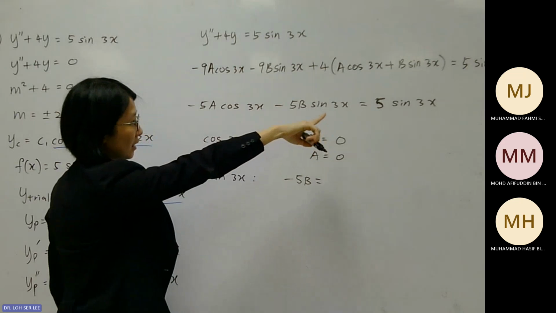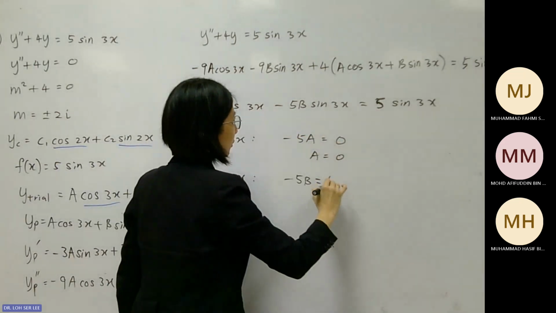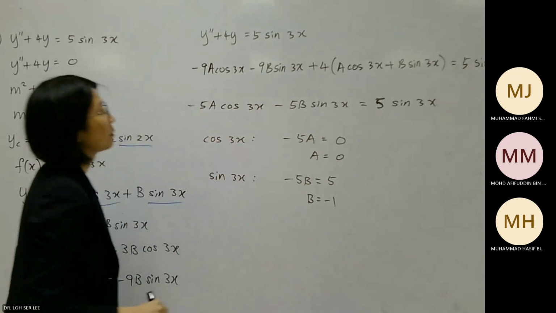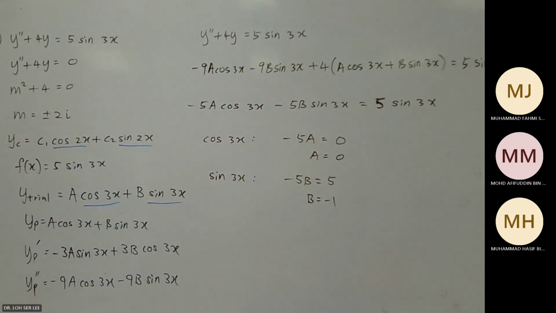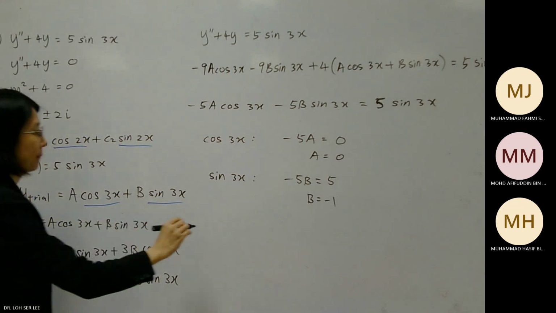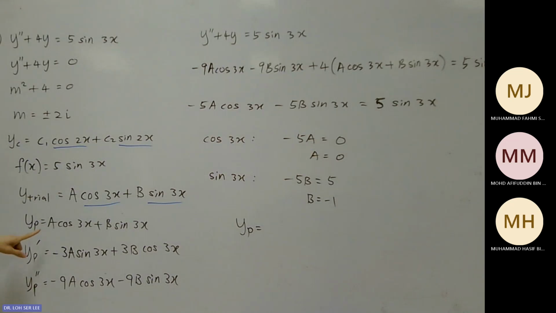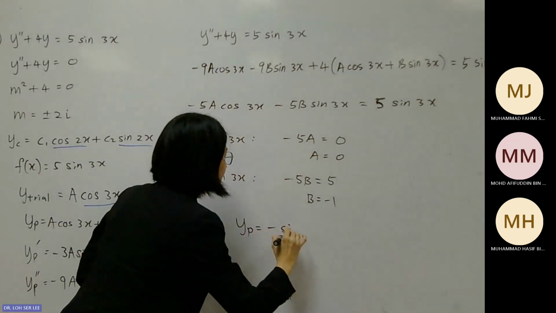And on the right hand side, for sin 3x, we have 5. So that's why b is negative 1. Then update your yp and combine with yc. Yp: a is 0, b is negative 1, so negative sin 3x.